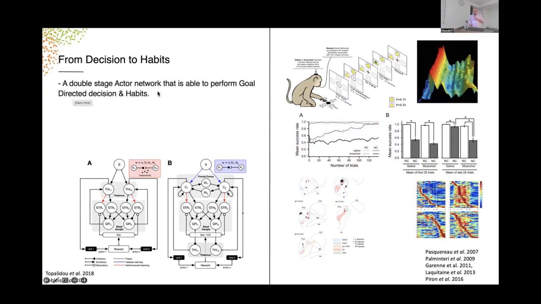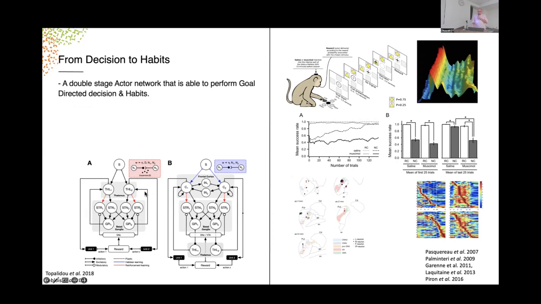And in fact, it's a double-stage actor network. The first stage is a loop, a subcortical loop that encompasses thalamus and basal ganglia, and that relies on dopamine, on reinforcement learning, in order to generate goal-oriented behavior.